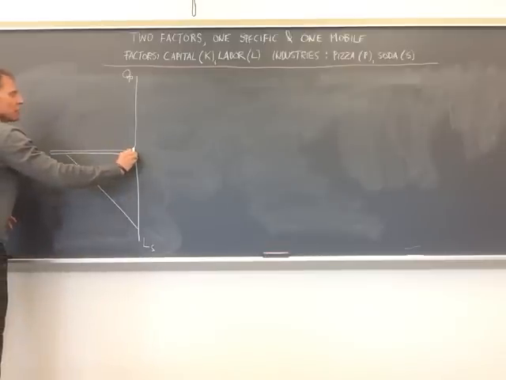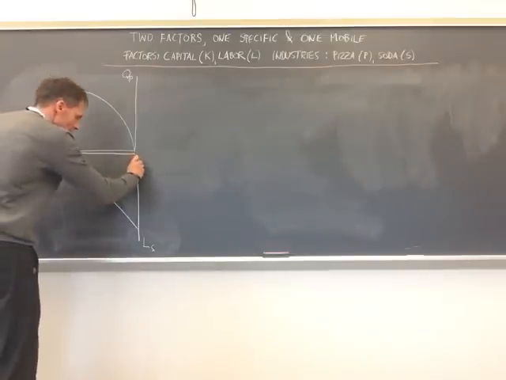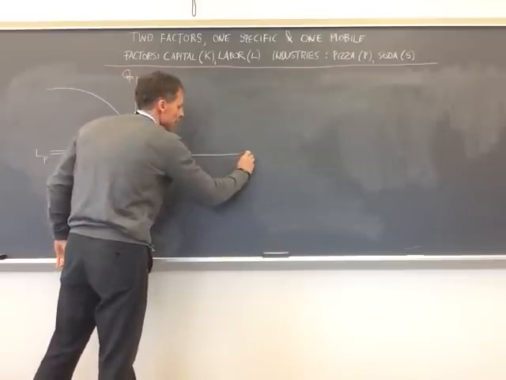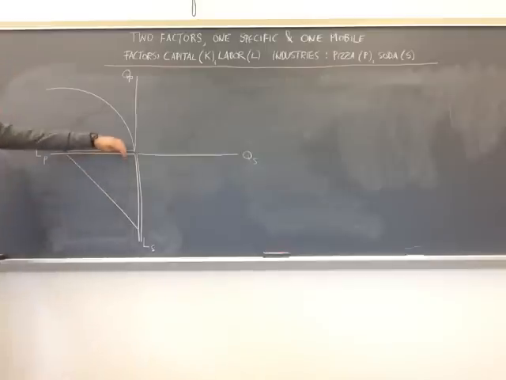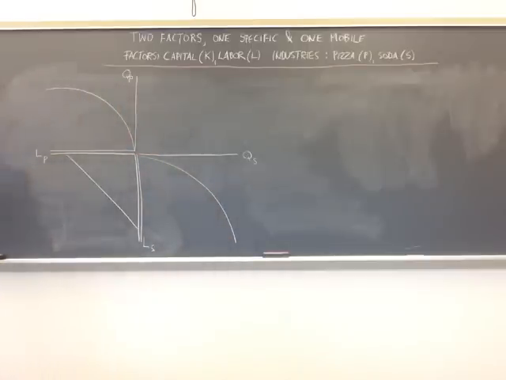And because of our diminishing returns, we're going to have a production function that looks something like this. And I'm going to draw my production function in the soda industry so that its labor axis lies on top of the other labor axis. And because of diminishing returns, the production function is going to look something like this.